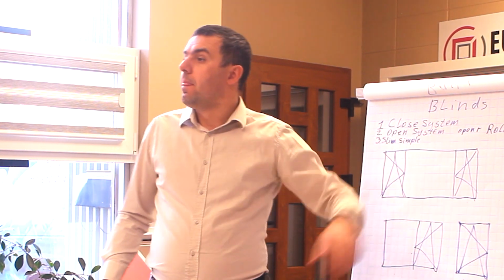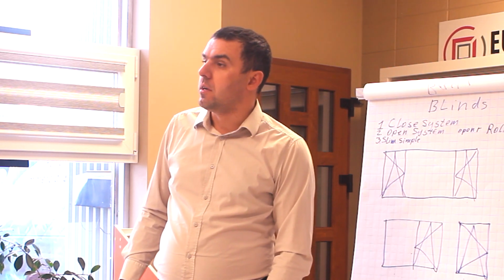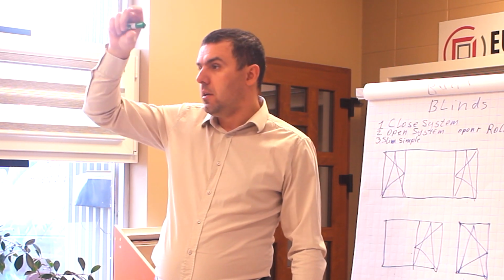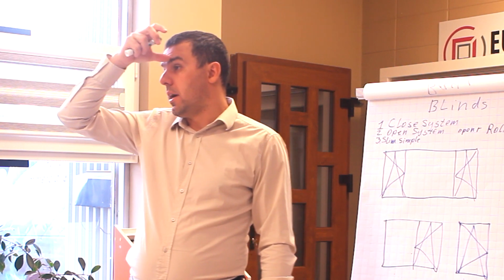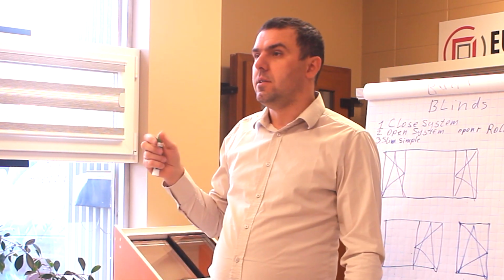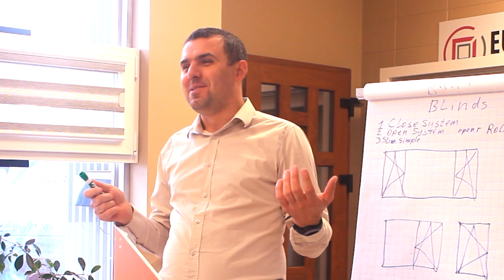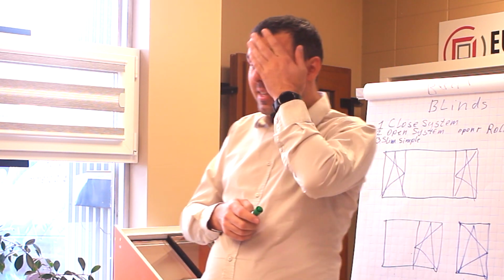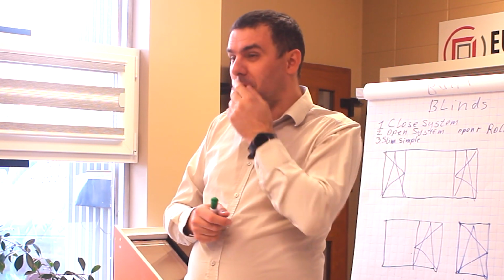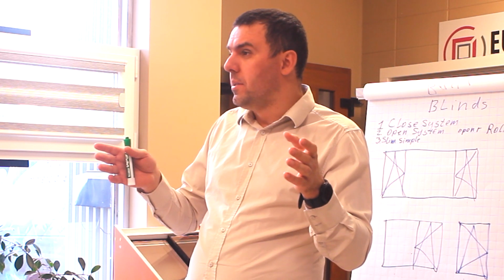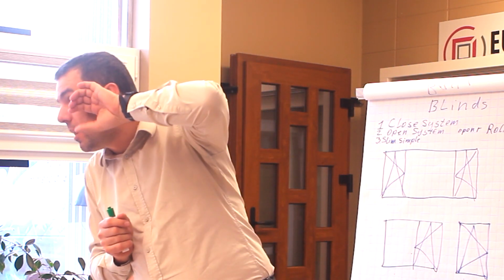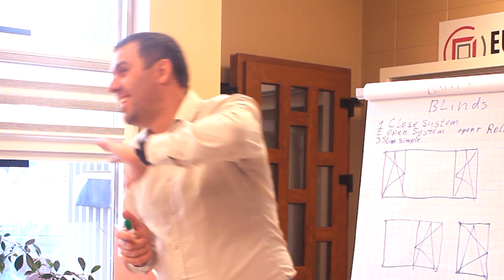Open system doesn't come with the tracks. It's basically just a roll. I had a customer where the wife said on the picture windows, I want an open system because I like to be behind the blinds.